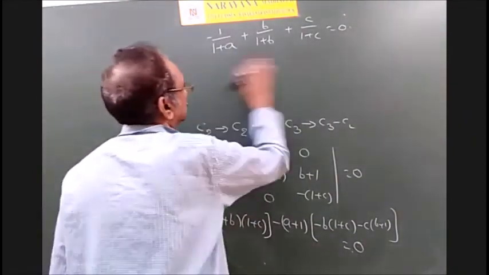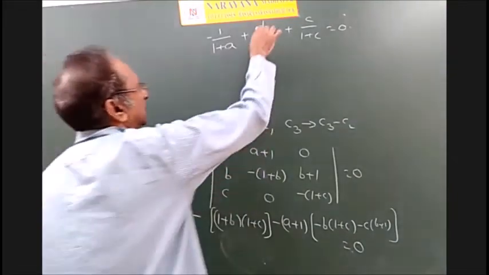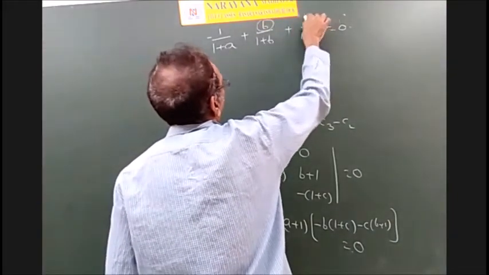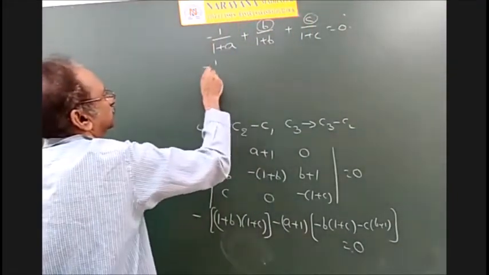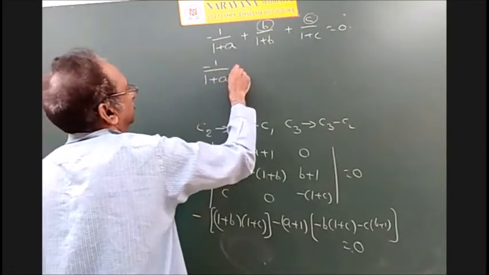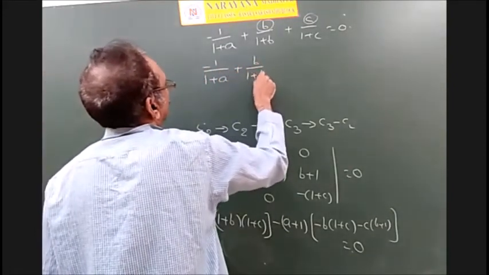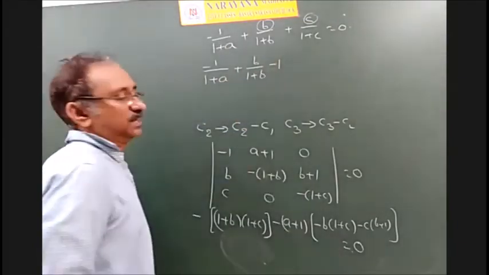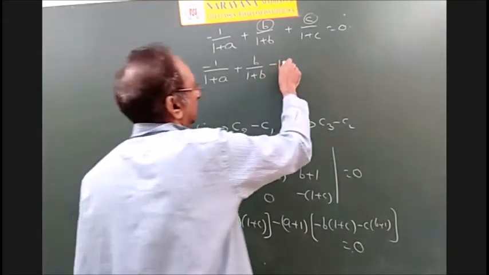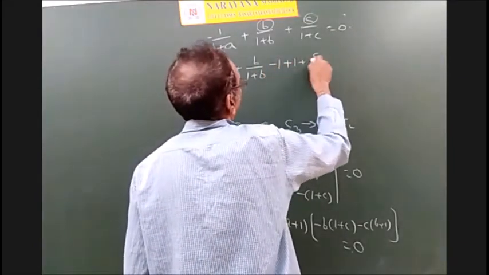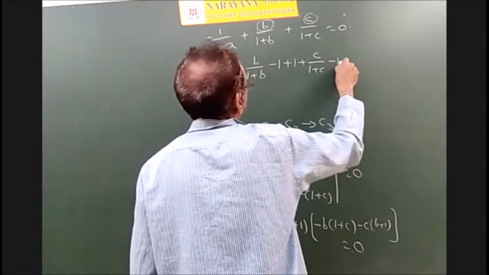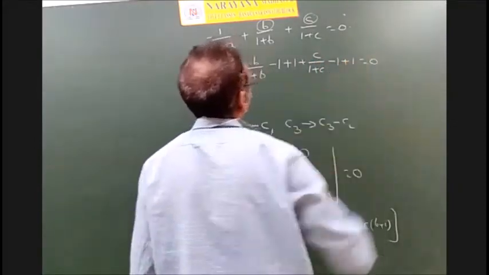Okay, is equal to 0. And you can write this. But in the question there is no b and there is no c. So I'll do one thing. Minus 1 by 1 plus a, plus b by 1 plus b. I will write minus 1 and therefore I am writing plus 1. c by 1 plus c, minus 1 plus 1 is equal to 0.